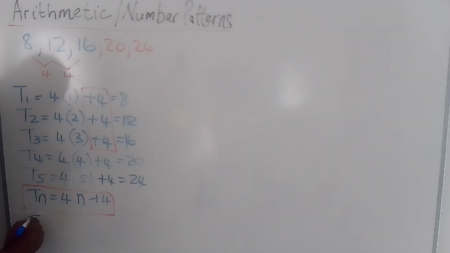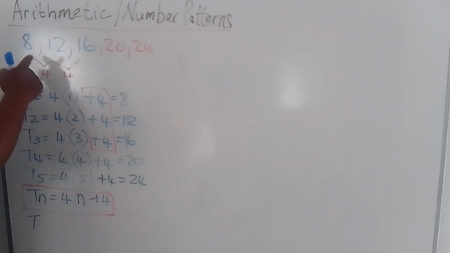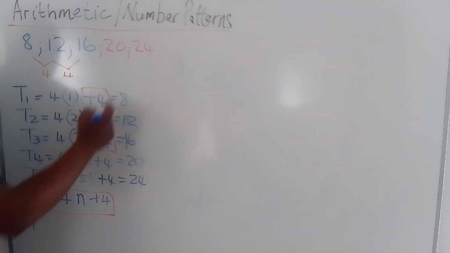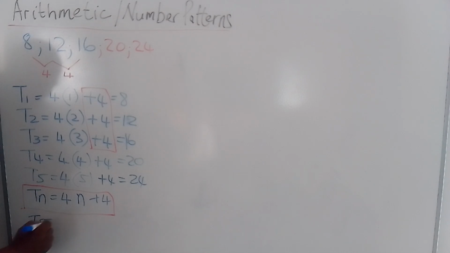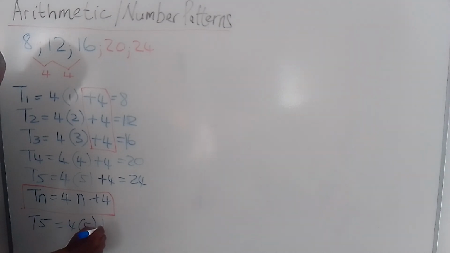So if we want T5, let's test our general term. Let's do 24. It's 1, 2, 3, 4, 5, T5. Instead of n, we use 5: 4 times 5 plus 4.